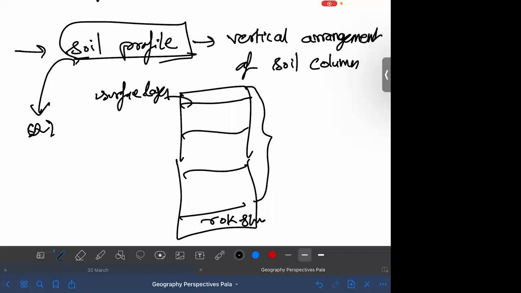Sometimes it can also be due to the presence of inorganic minerals. Example, black soil of India.